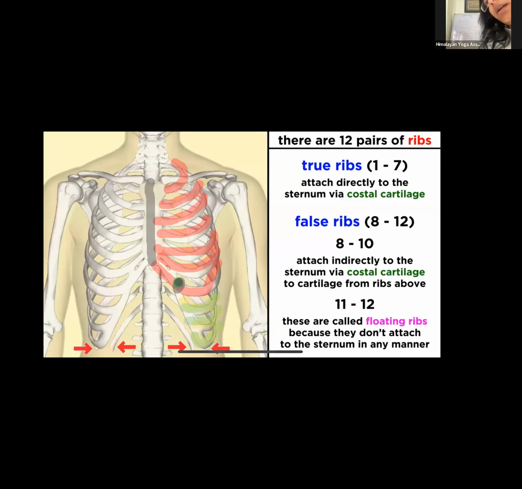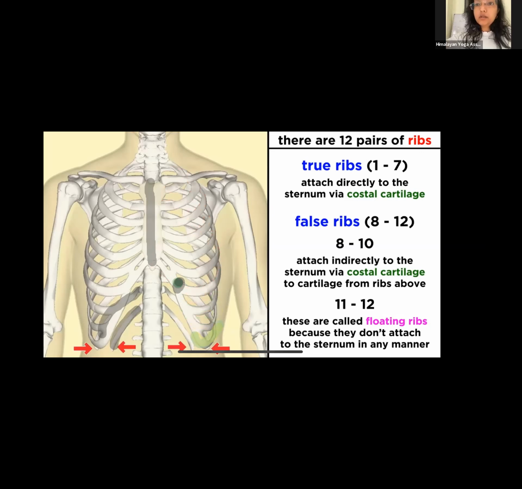Now we see 2 floating. This 1 and 2. These 2 are floating ribs. Okay. So now we know that we have 7 true ribs, then 3 connected to the 7th rib and 2 floating ribs. I hope this is very, very clear to you.